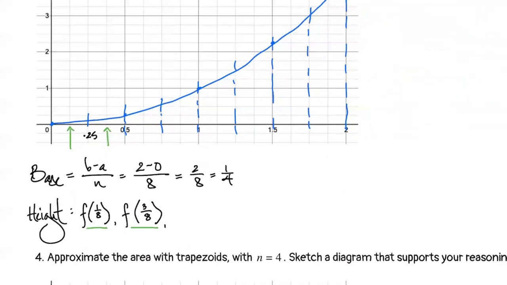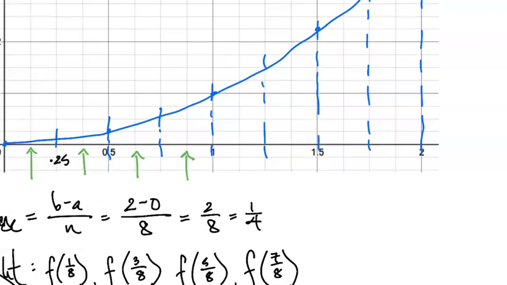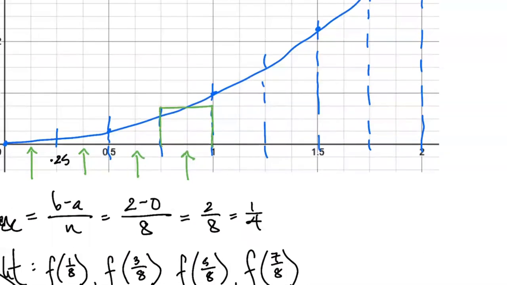And we should have a total of 8 y values: f of 5/8, f of 7/8, all of those. It's a little harder to draw when they're so short, but here would be like 1. And we can see, just as Luca was saying, that we have a little bit that is over the curve, but also a little bit that's under the curve. And so therefore it might actually balance out quite nicely.